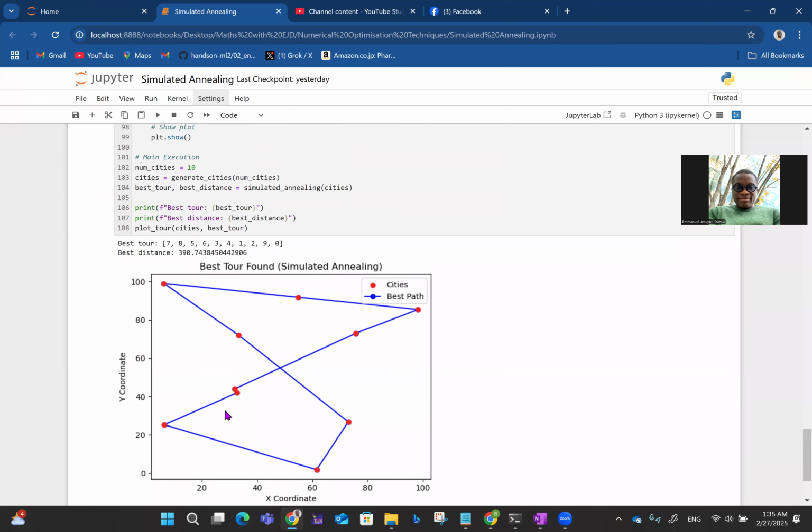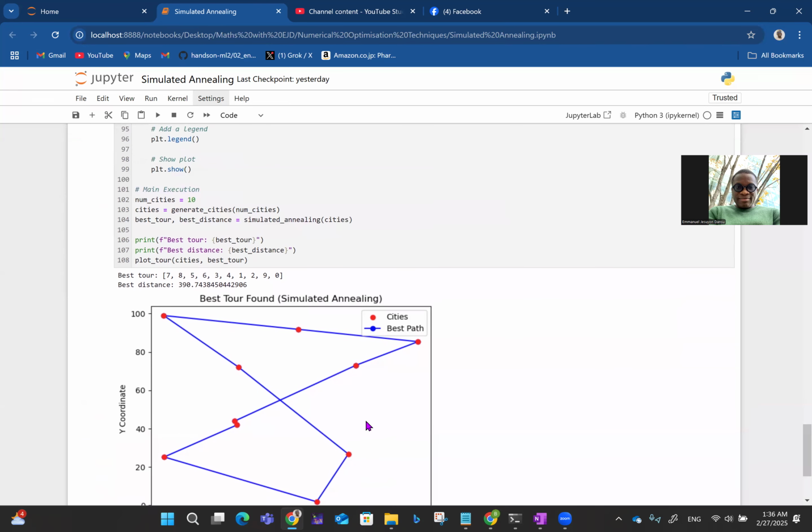So you see, maybe I should have labeled this better. But look at what is happening here. This is the x coordinate, this is the y coordinate. I guess this is the starting point, 7. This is 7 to 8. Since I didn't label it, I should have done the labeling better. Maybe before I put it on Facebook, I'll try to label the cities. So we see the best path. In short, it is moving from city 7 and back to 0.